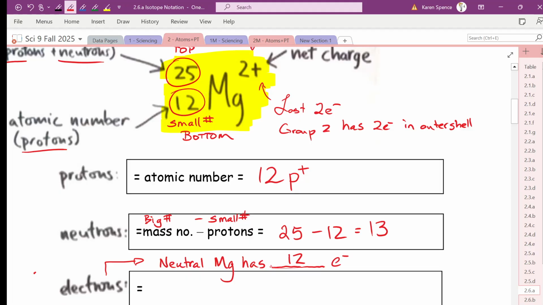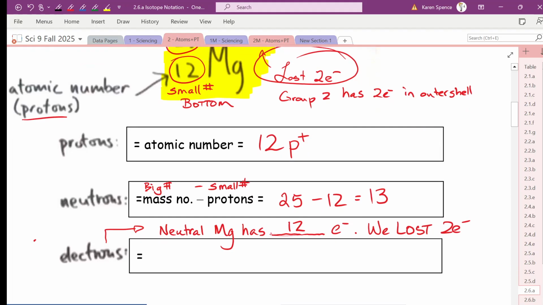But then you took away 2 of them. We lost 2 electrons. So that's 12 minus 2 is 10 electrons. So we have 12 protons, 13 neutrons, and 10 electrons.